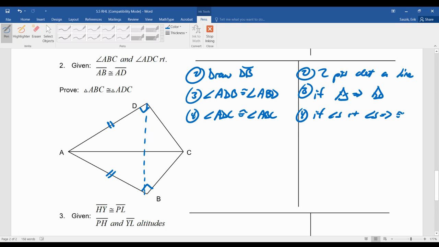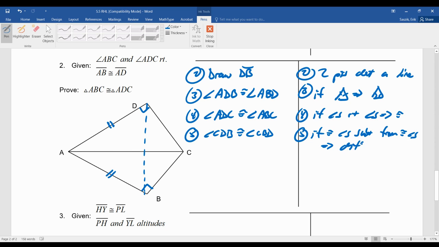Hopefully you see where I'm going with this. Now I can do some subtraction, right? I can say the angle CDB is congruent to angle CBD from subtraction. If congruent angles subtracted from congruent angles, then the differences are congruent.